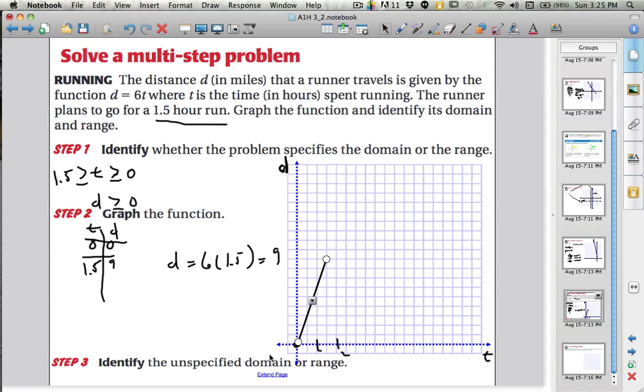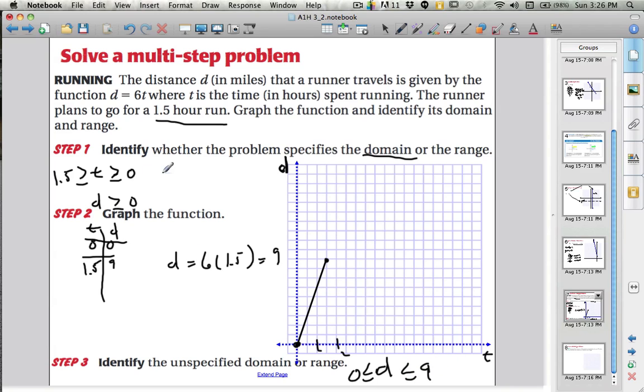Okay, identify the unspecified domain or range. Well, they didn't call it domain or range, but I personally believe that it was specified in terms of domain. Now the range wasn't specified, so I know that my distance is greater than or equal to 0, less than or equal to 9.